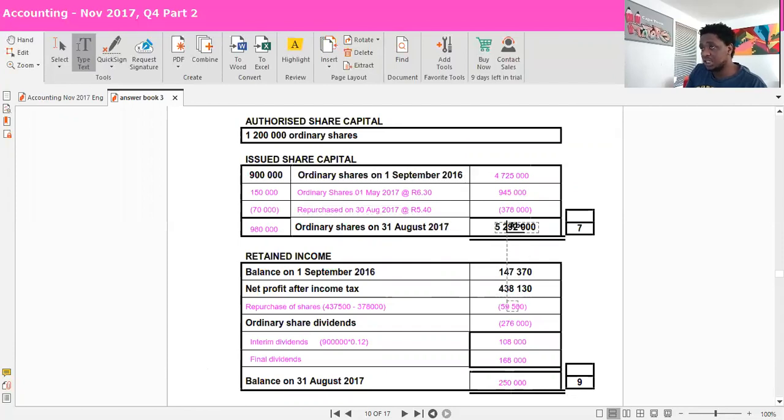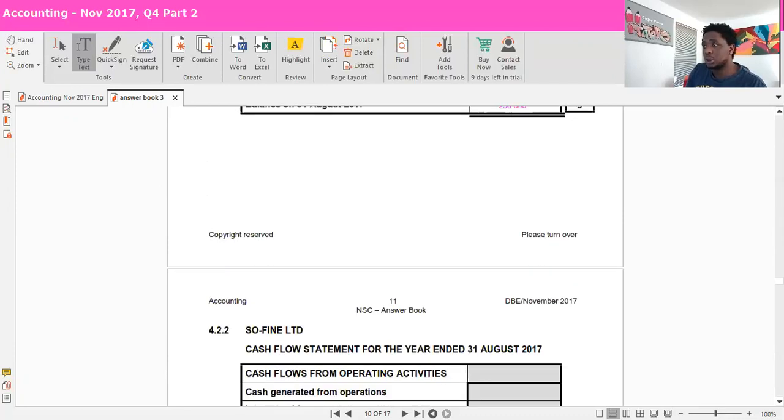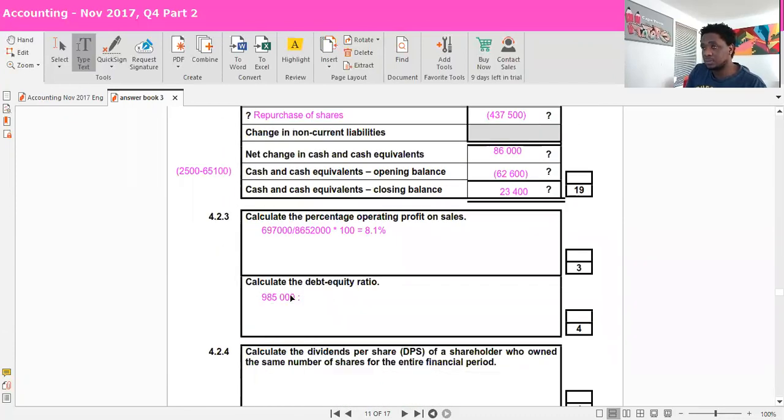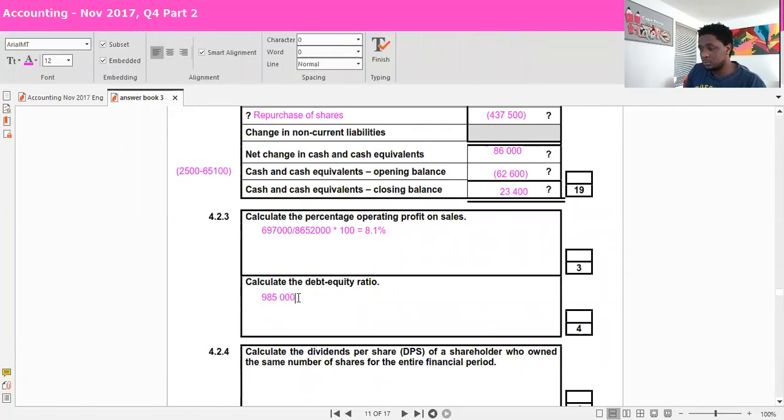So we add the share capital, and then we also add the retained income amount: 5,292,000 plus 250,000, and then 985,000 on the other side.